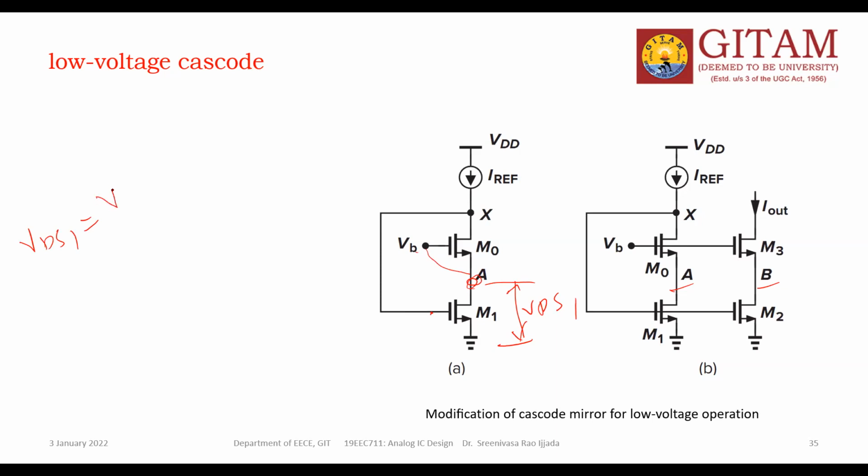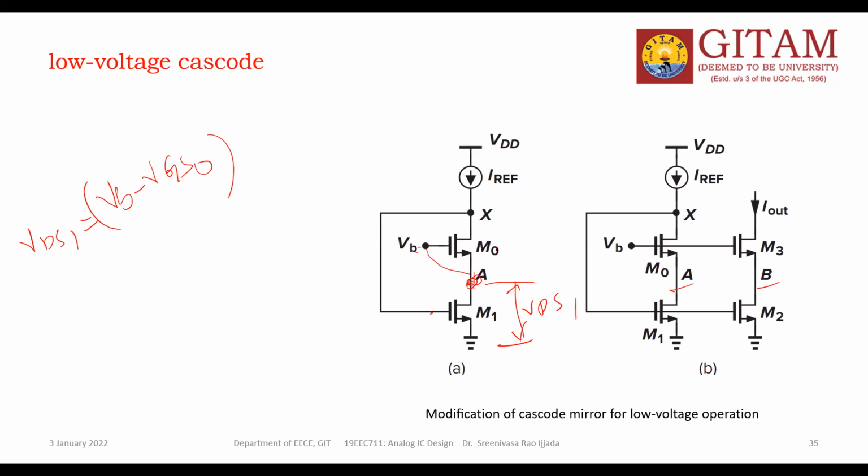So you can write VB minus VGS. What is the number of this transistor? 0. Yes. So in this configuration, this VDS1 value is equal to VB minus VGS0.